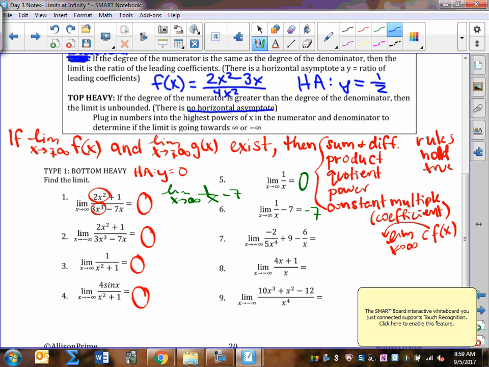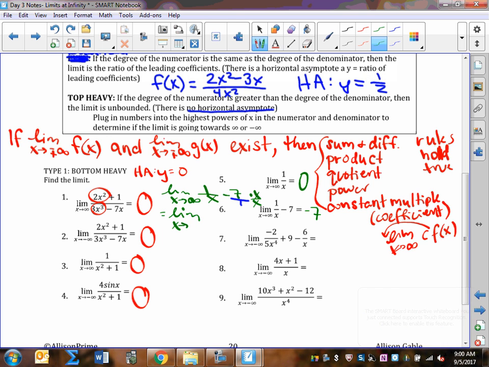We would have had to multiply that 7 times x over x, and then we would have gotten the limit as x approaches infinity of 1 minus 7x over x.